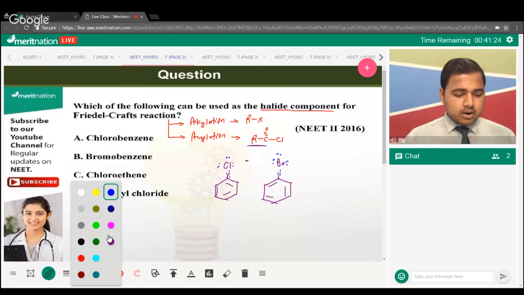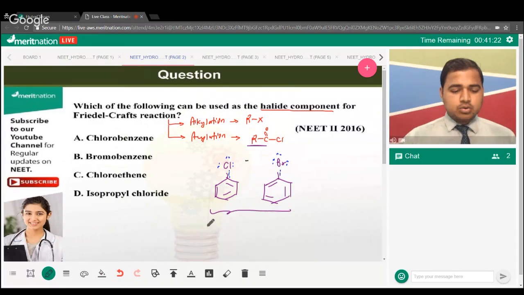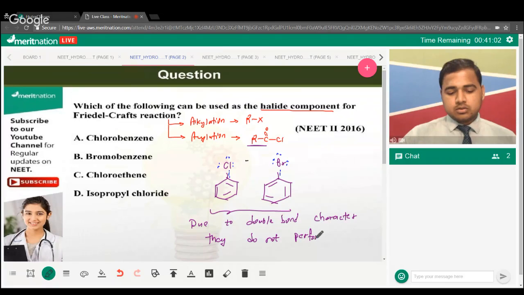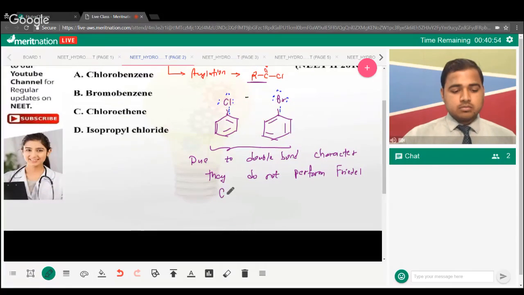So we have a very good conclusion: due to partial double bond character, they do not perform Friedel-Crafts reaction. It means, students, option A and B cannot be the answer.